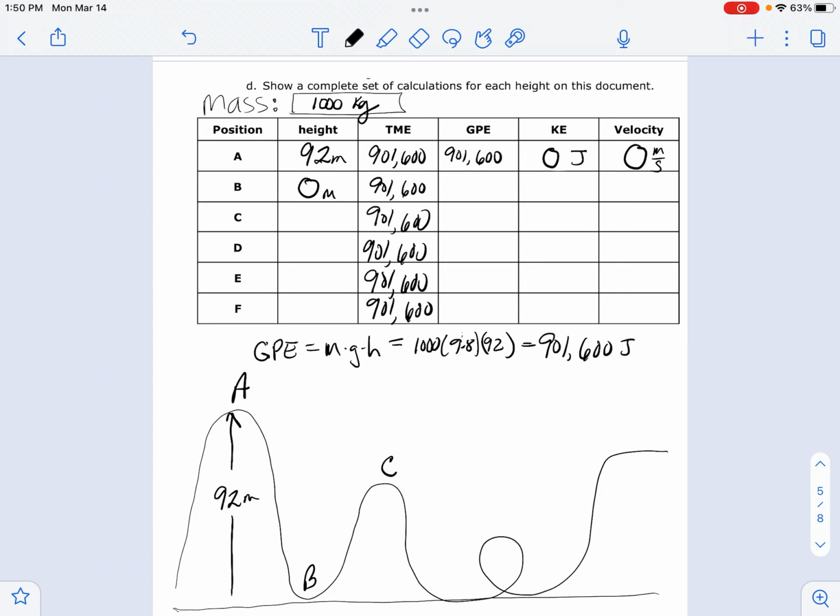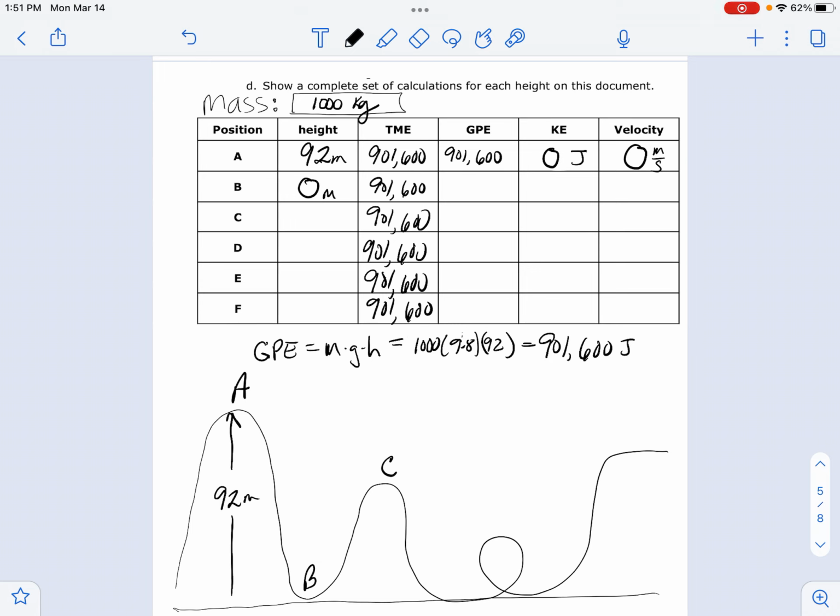Okay, and so now it becomes a little bit of a puzzle. Typically, you're going to stay in this column doing gravitational potential energy, so you're going to do mass times gravity times height, and you're just going to go all the way down the line for each of the different heights on your coaster. Then from there, you can find your kinetic energy because you'll just subtract.